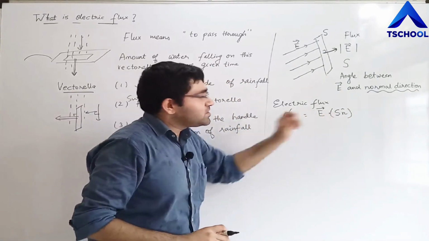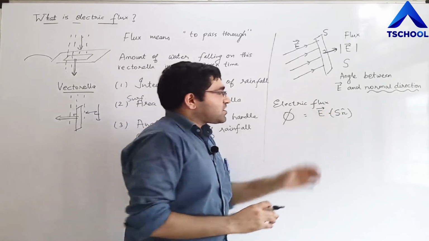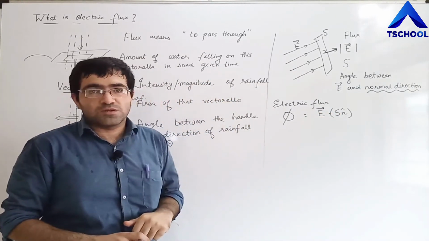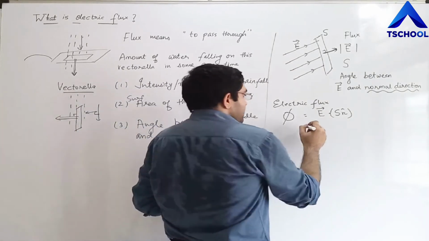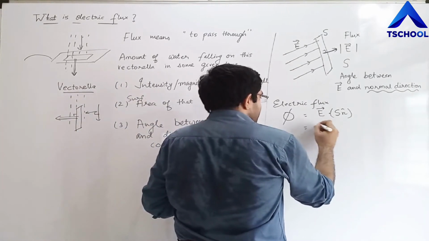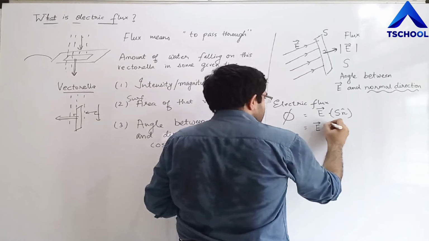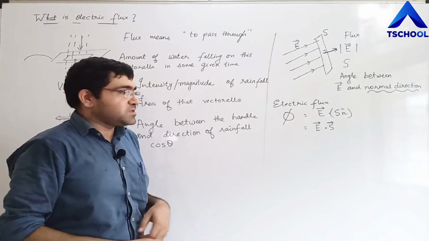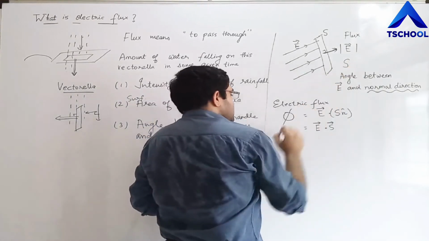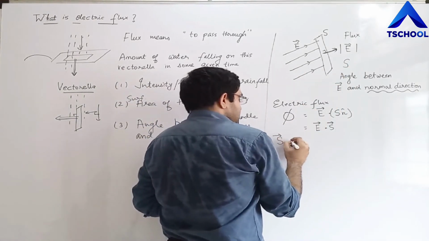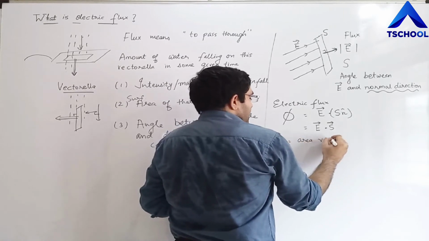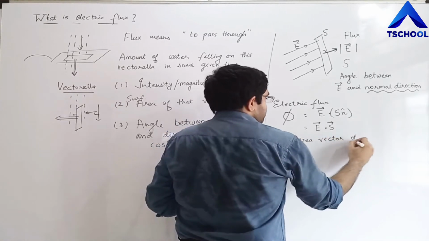S stands for surface area and n hat stands for the normal direction, right? You can also combine it and write it like this, because if you write it this way, then S vector is nothing but the area vector of that surface.